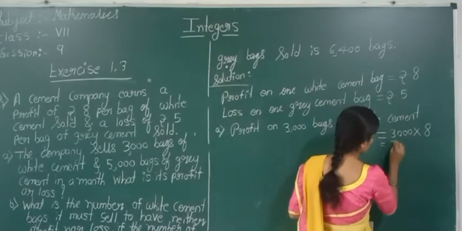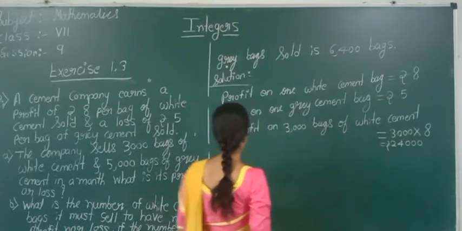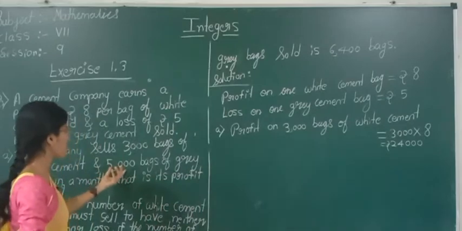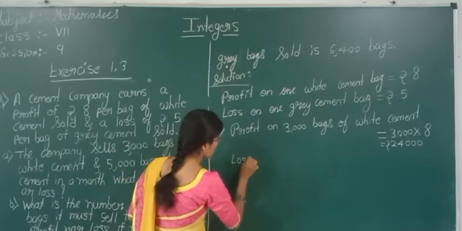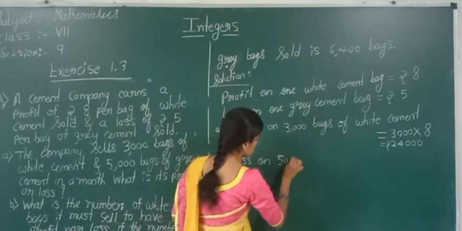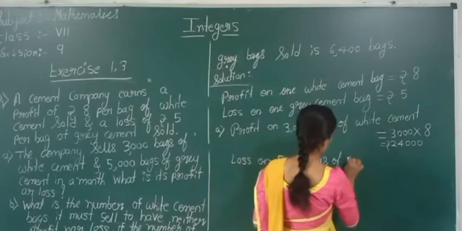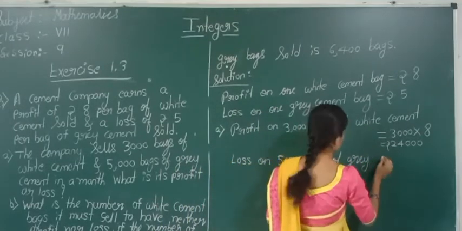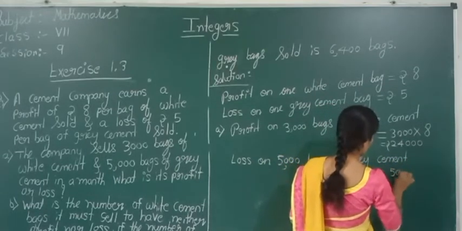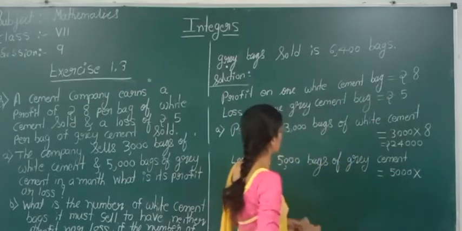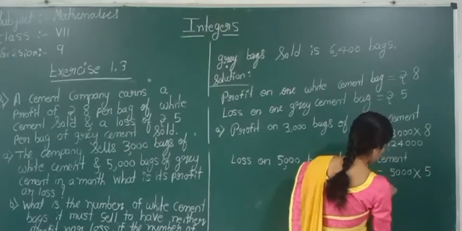That will be 24,000 rupees. Now we will see the loss on 5000 bags of grey cement. That is 5000 into, for per bag the loss will be rupees 5, right?